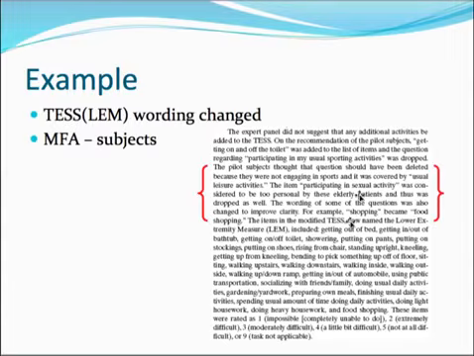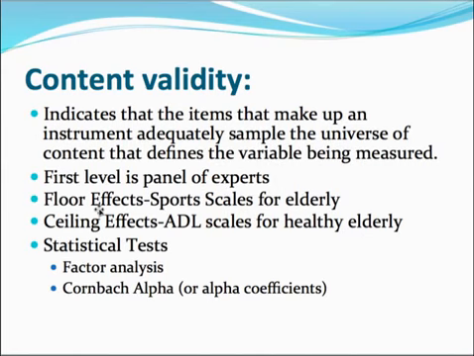They also had other suggestions. There was one question about sexual activity and positioning that they thought was too personal, so they asked to remove that. Those changes were made to the questionnaire based on that feedback from subjects, and that has to do with the face validity of the test.